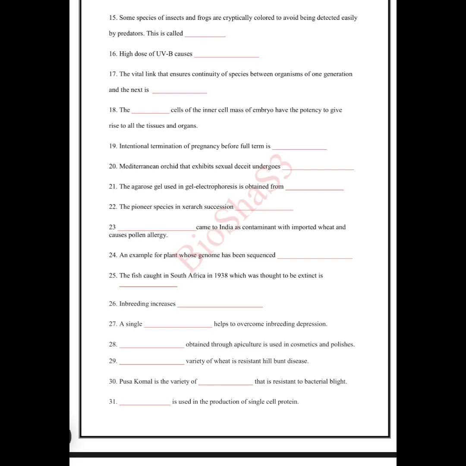This is called camouflage. High dose of UVB causes snow blindness. The vital link that ensures continuity of species between organisms of one generation and the next is zygote.